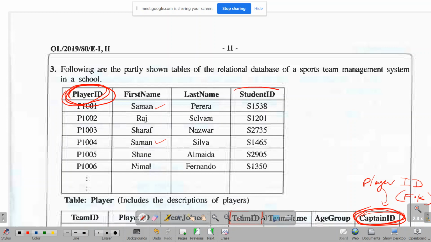And student ID, nothing has been repeated. Right? So there are two suitable fields that can act as a primary key. Those are player ID and student ID. So both should be mentioned.